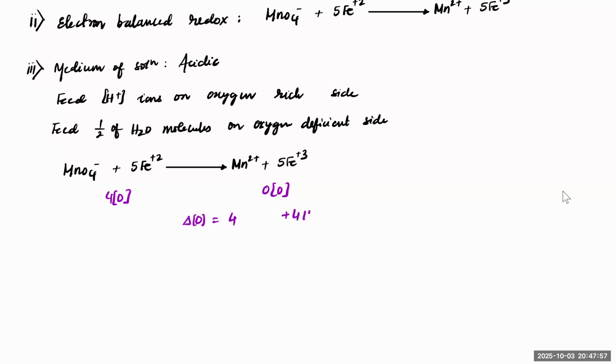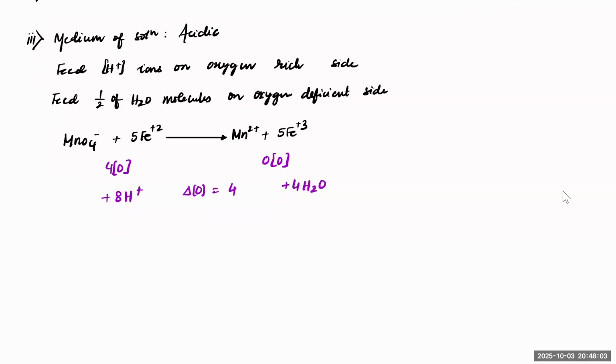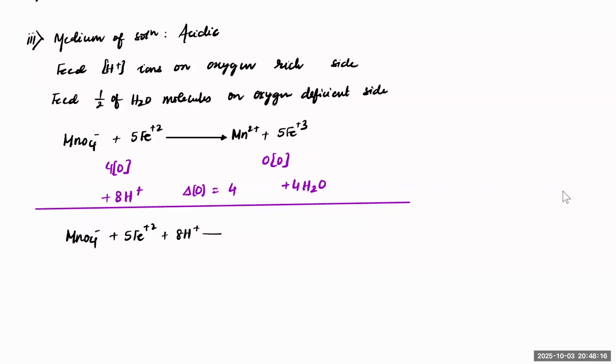We'll add 4 moles of water and double that with H plus ions. Now as you double it, we will get MnO4 minus plus 5 Fe2+ plus 8 H+ giving Mn2+ plus 5 Fe3+ plus 4 H2O.